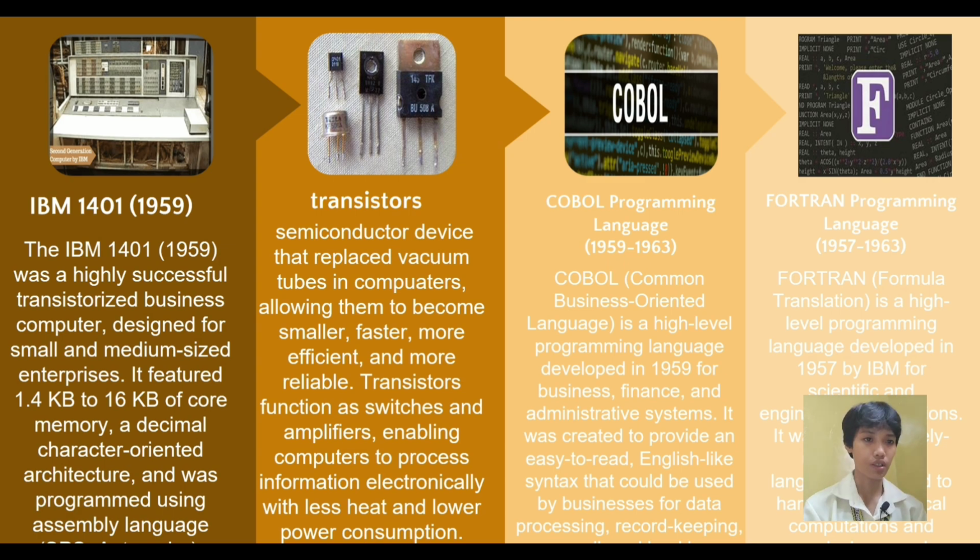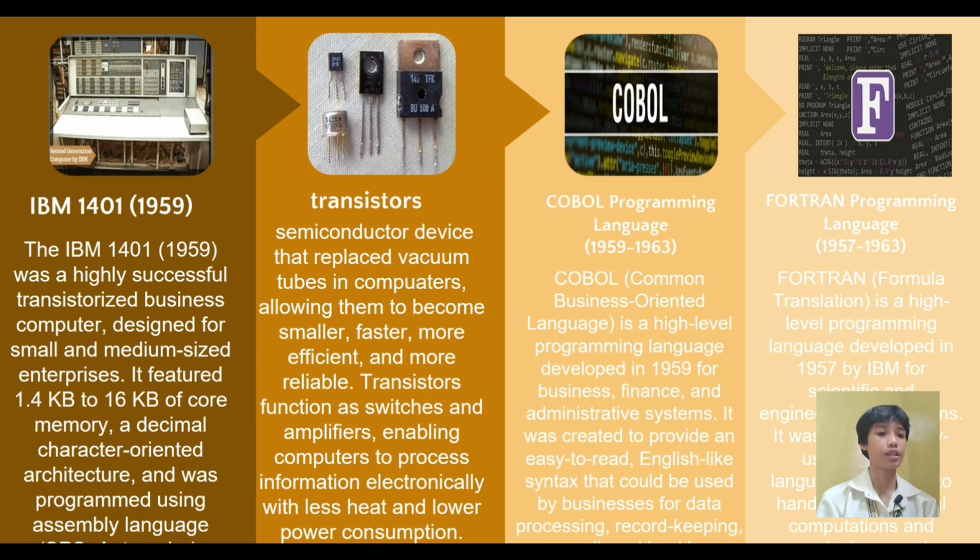So this computer was already using transistors. Instead of vacuum tube, which is a bigger one, they are using transistor already, since it is a small part. It has already a core memory of 1.4 to 16 kilobytes.